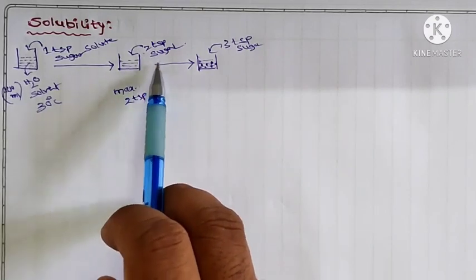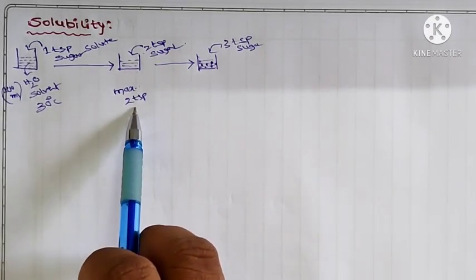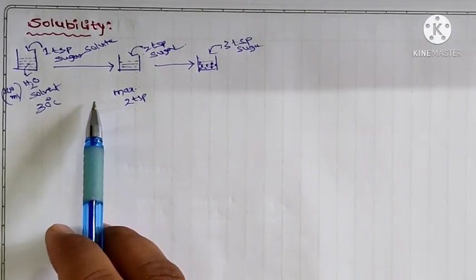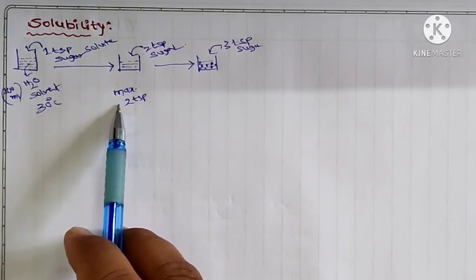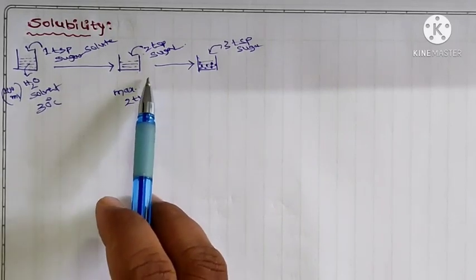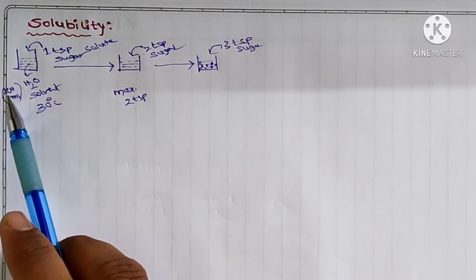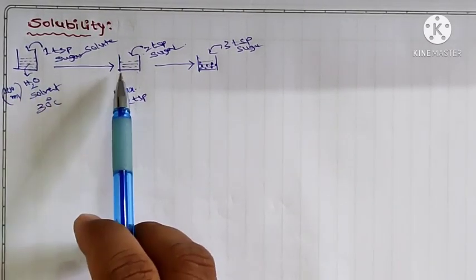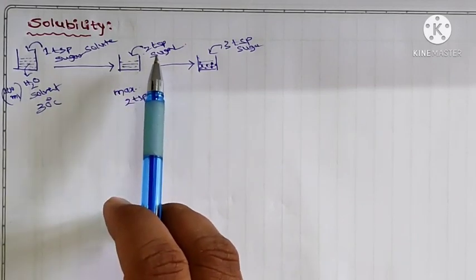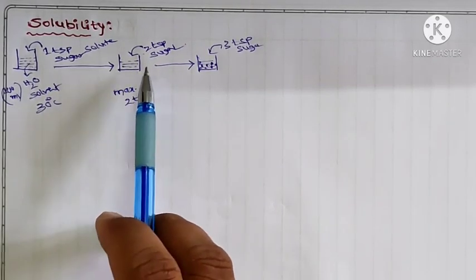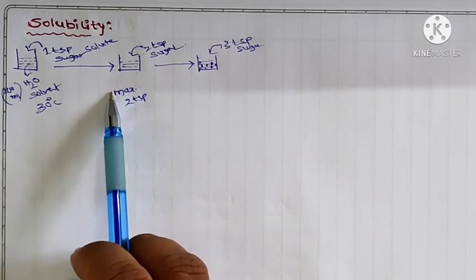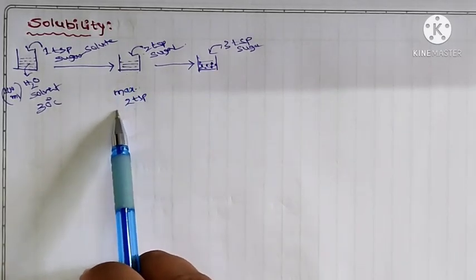So here the maximum amount is only 2 teaspoons. So what is that maximum amount? The maximum amount is 2 teaspoons of sugar in 100 ml of water. In 100 ml of water, how much of the maximum amount of sugar dissolved? Only 2 teaspoons. So this is the maximum amount of solute.